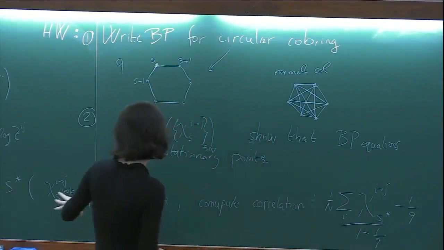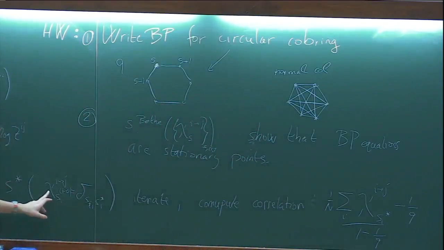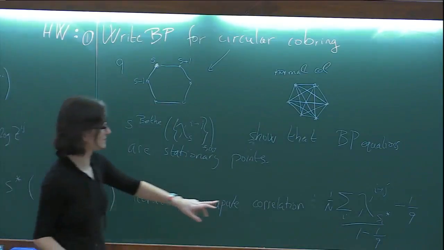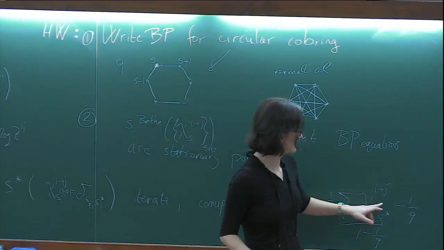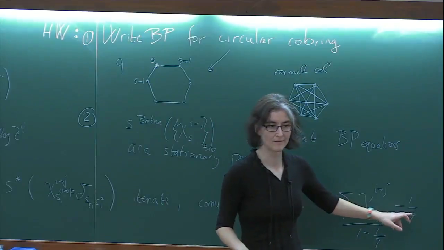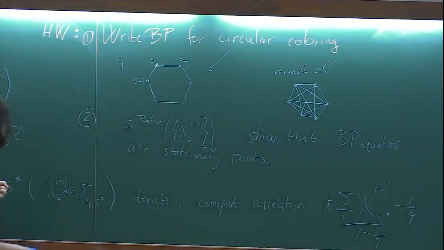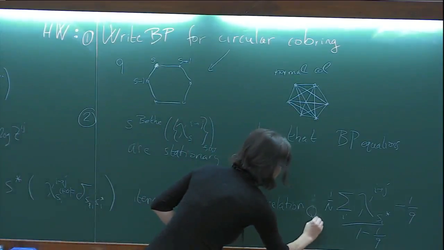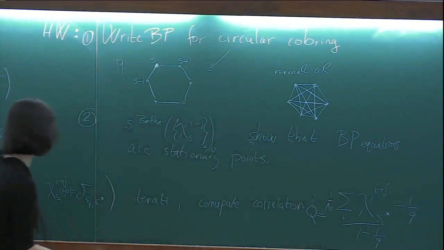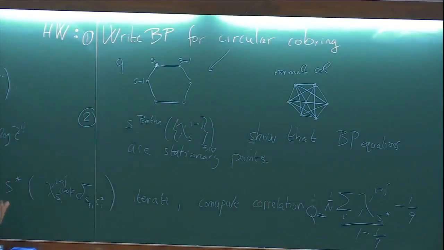If instead we didn't move at all from the S star, this correlation, which I will call capital Q, the overlap, will be 1. And if we went back to this paramagnetic fixed point, then it will be 0. So we will see where we are, if we are at 1, at 0, or somewhere in between.